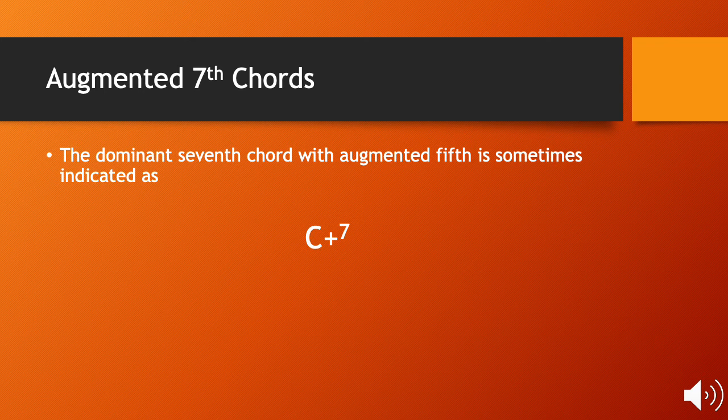Notice that the augmented symbol is not beside the 7, it is next to the C. We can see that because it is not superscript, it is at the same place as that C. This notation puts the alteration of the fifth, that plus symbol, before the seventh instead of after. This notation is common and musicians are not confused by it.